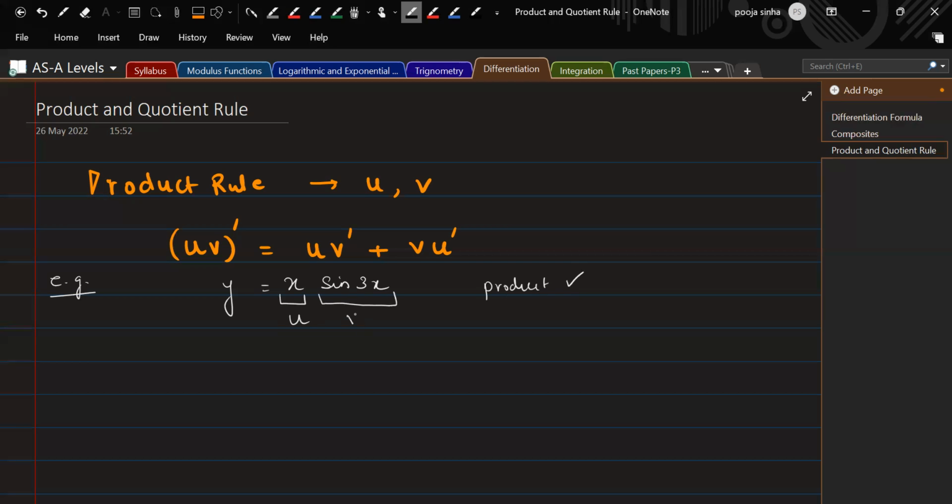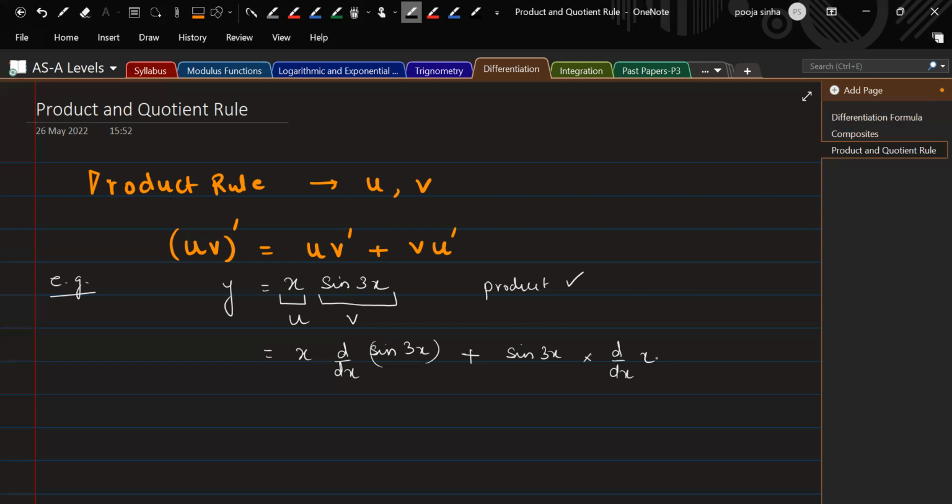Let this be u and this be v. तो हमने क्या बोला? सबसे पहले हम u को as it is रखेंगे, यानी x as it is रहेगा, और हम d by dx of sin 3x करेंगे. करेक्ट. यही सीखा हमने. और फिर ऐड करेंगे, फिर sin 3x को as it is रखेंगे और डिफरेंशिएट करेंगे x को.